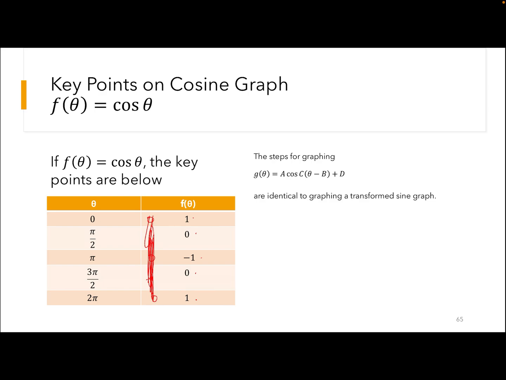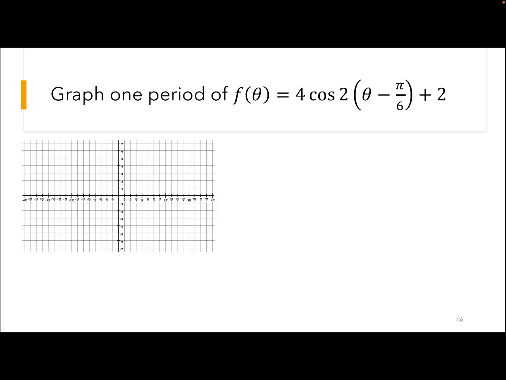So the last thing we're going to do in this video is graph one period of 4 cosine 2 times theta minus pi over 6 plus 2. So the first thing that we need to do is apply our phase shift. So in this case, we're going to shift right pi over 6 units.